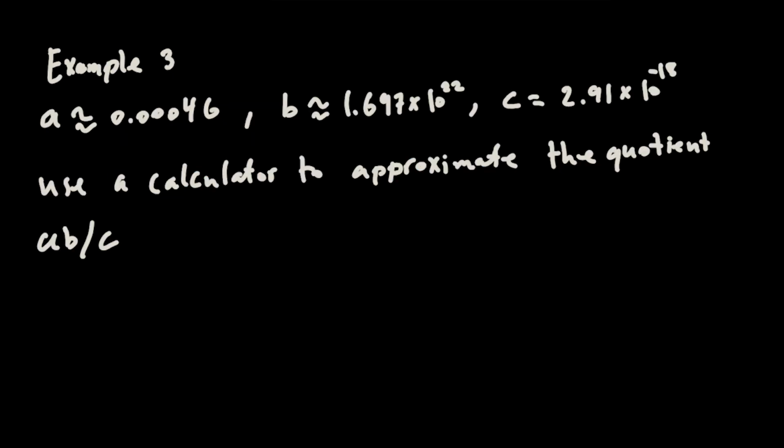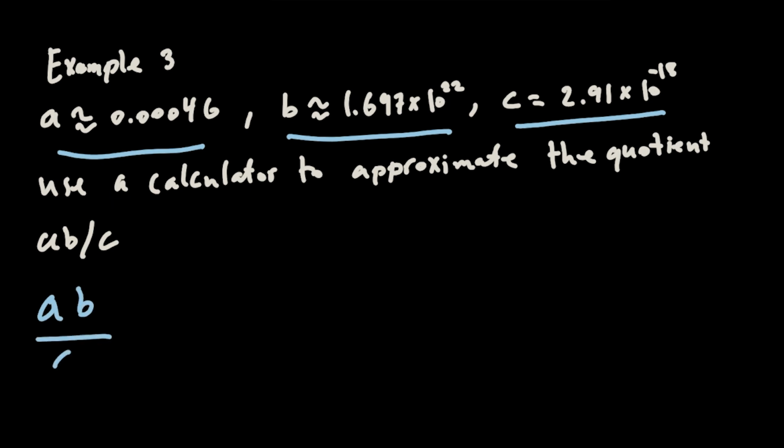Let's see example number 3. Here we have A, B, and C and their values, and here we use a calculator to approximate the quotient AP over C. So let me just write the quotient. We have AP over C, and now we will just take these three numbers and plug them in here.